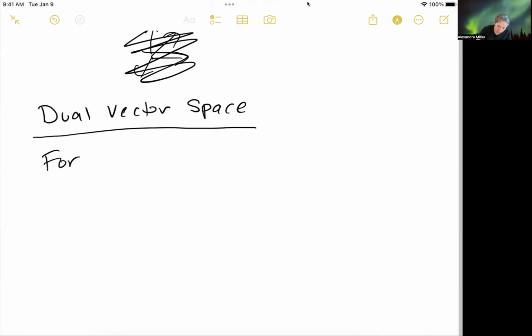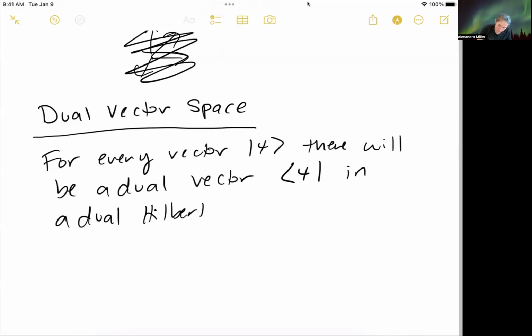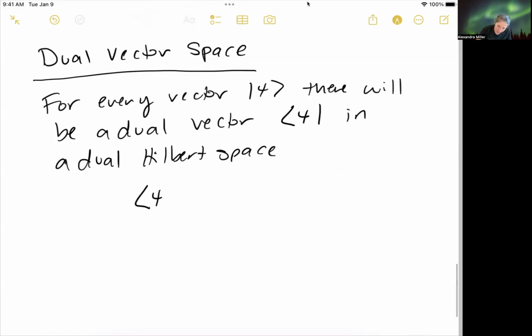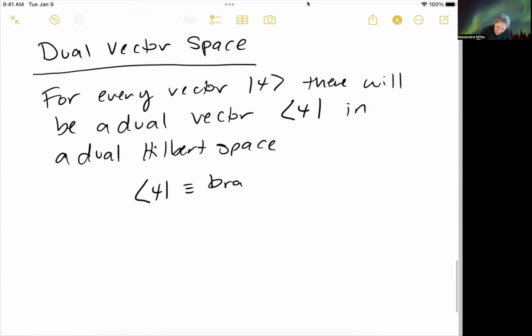So for every vector psi, there will be a dual vector, which we'll write this way in a dual Hilbert space, and this is called a bra vector.